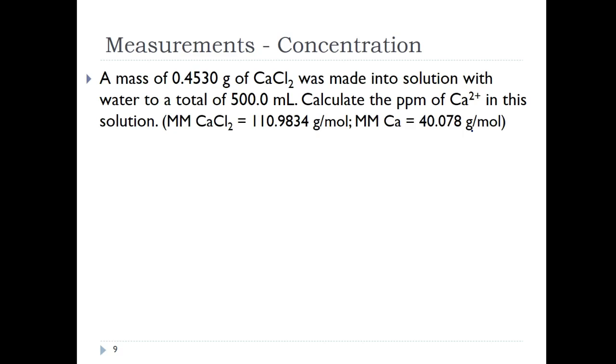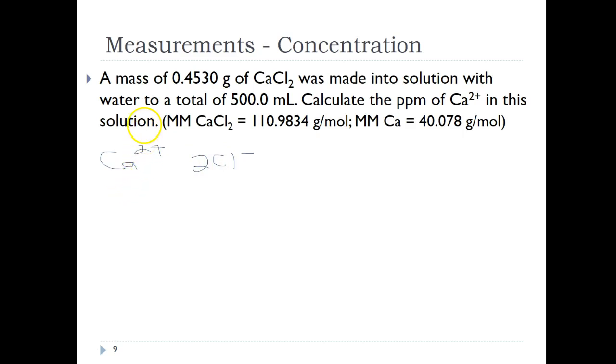We want to figure out the parts per million of just the calcium ion in the solution, and in this case calcium chloride is a strong electrolyte, so when it dissociates it's going to break into calcium ion, that's a 2+, and 2 chloride ions. So we don't really care about the chloride part, we just want to know the parts per million of calcium.